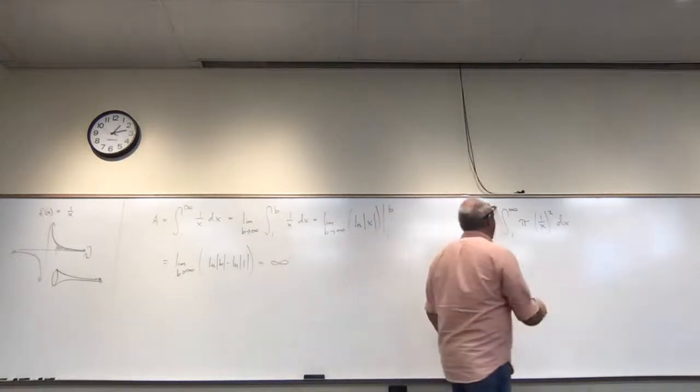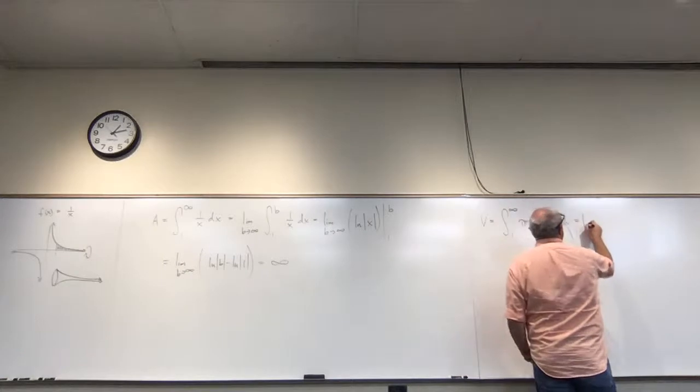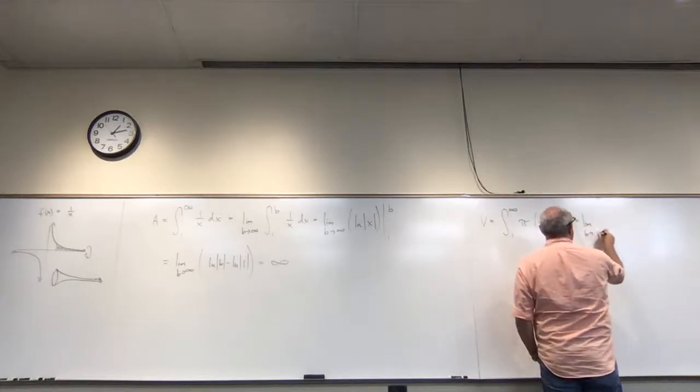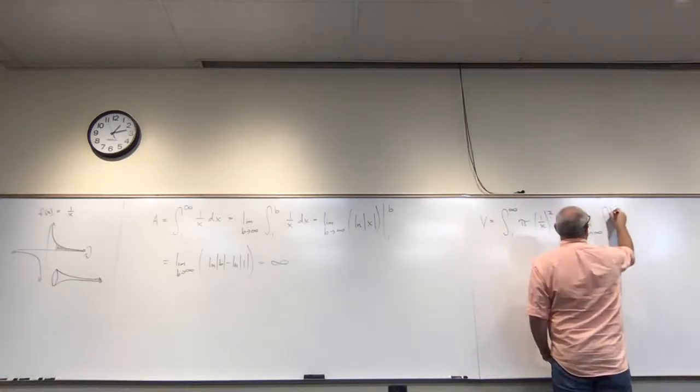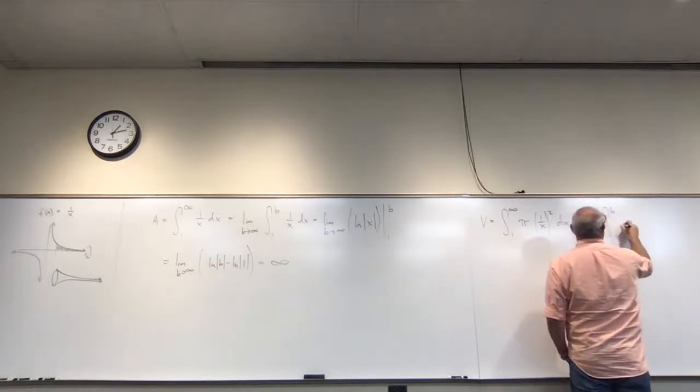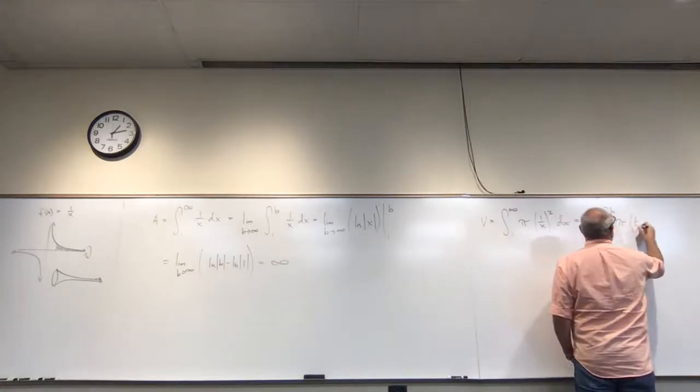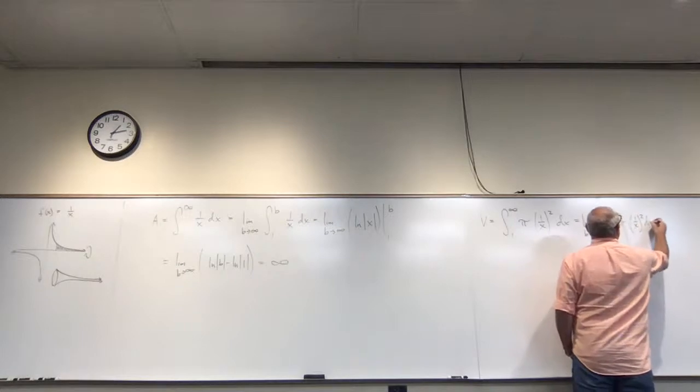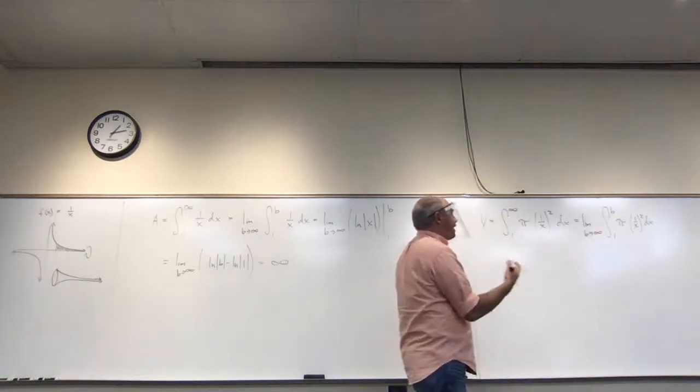Let's do it. I could rewrite this as the limit as b goes to infinity of the integral from 1 to b of pi times (1 over x) squared dx. I could pull the pi outside the integral.